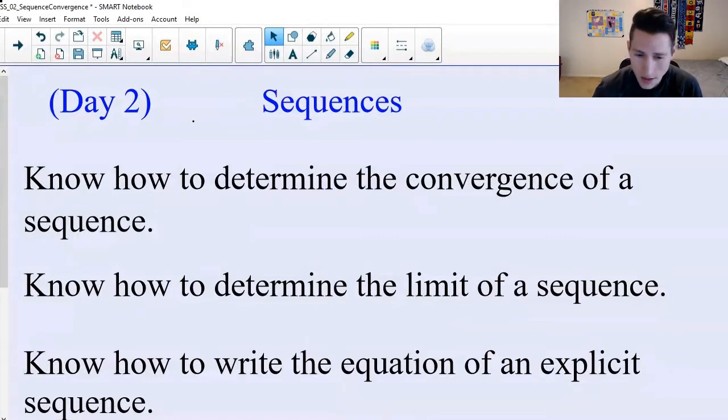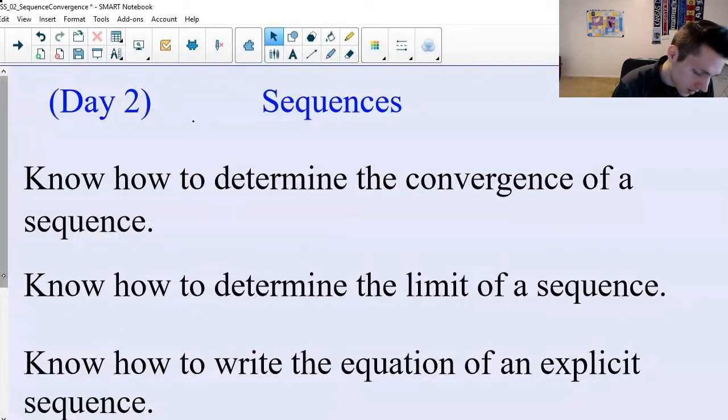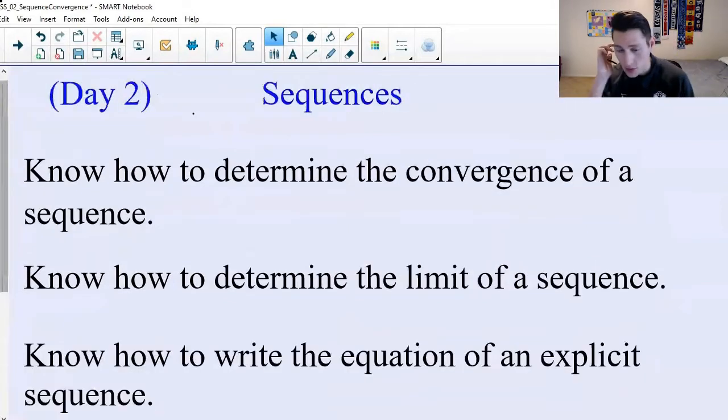But so yesterday I talked about our sequences, just kind of a basic idea of what they are and how to write out the terms of a sequence, a recursive sequence and how that works whenever it's based on a previous number, and a little bit of factorial stuff with just knowing what a factorial is and then describing as well.